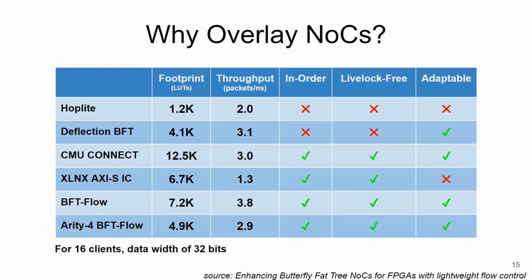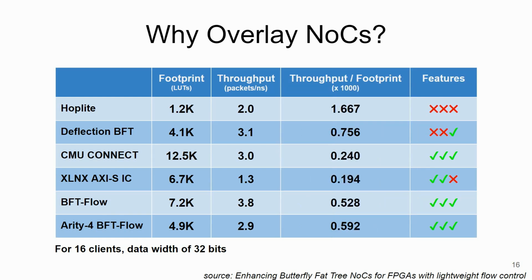The Arity-4 BFT NoC has a lower footprint compared to Arity-2 BFT NoC, but also lower throughput. It also makes sense to consider the ratio of throughput to footprint, and in this case, the Arity-4 BFT NoC achieved the highest ratio among the designs which also achieve the three important features under consideration.